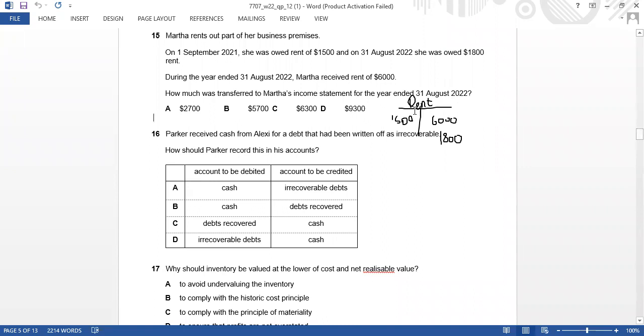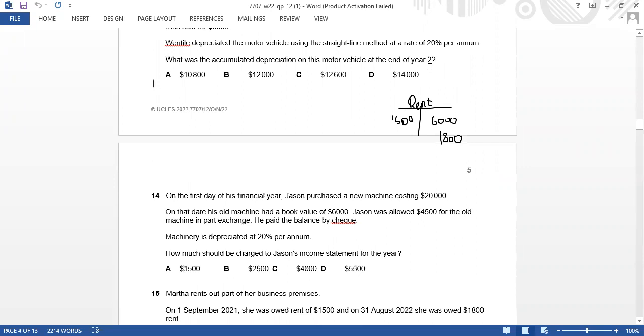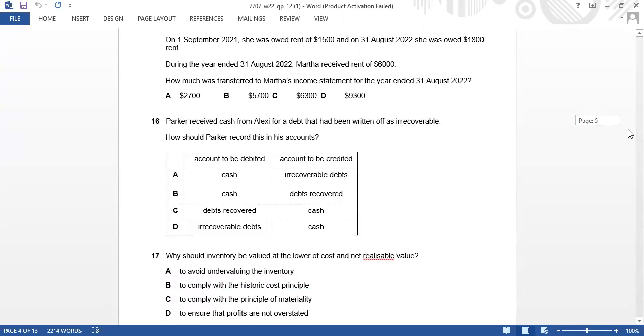Moving towards question 16. Parker received cash from Alexei for a debt that has been written off as irrecoverable. Previously it was written off as irrecoverable debt.